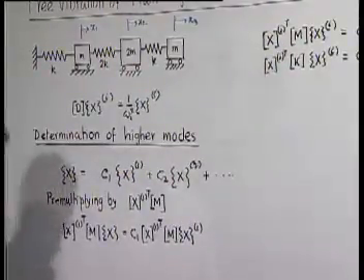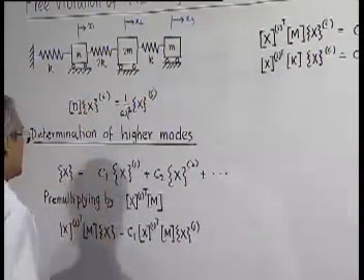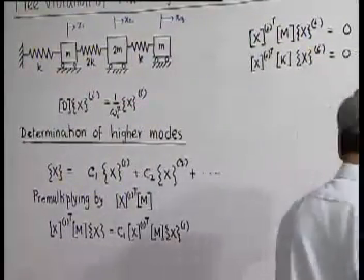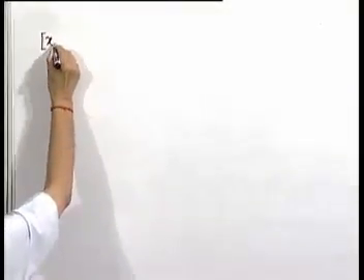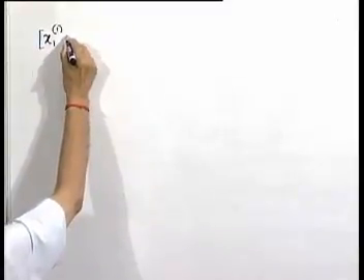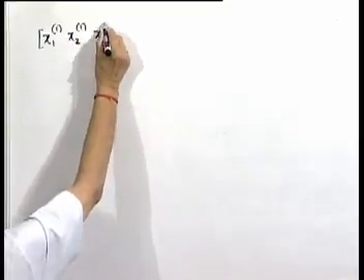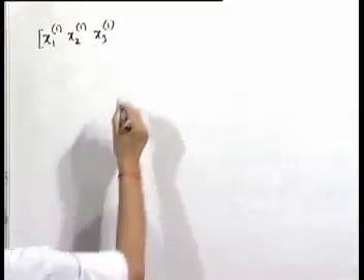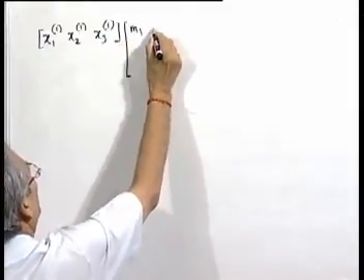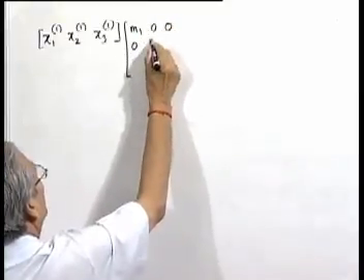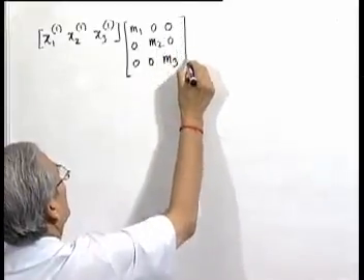Therefore, I will again take this example. This example will give us x1 for mode 1, x2 for mode 1, x3 for mode 1, and m1 0 0, m2 0 for a 3-degree freedom system.